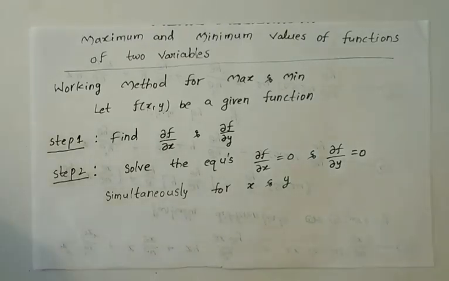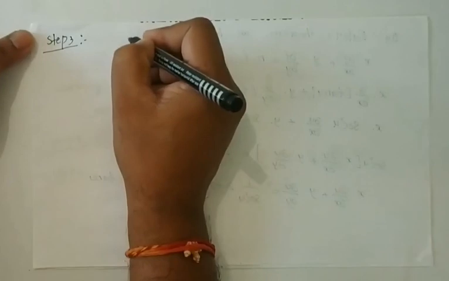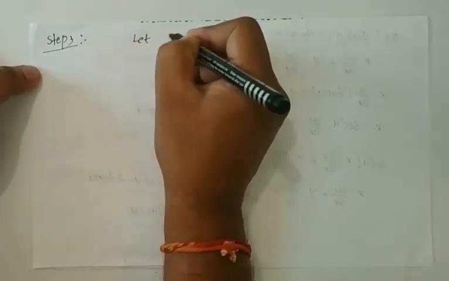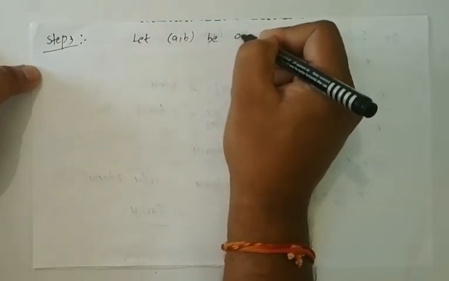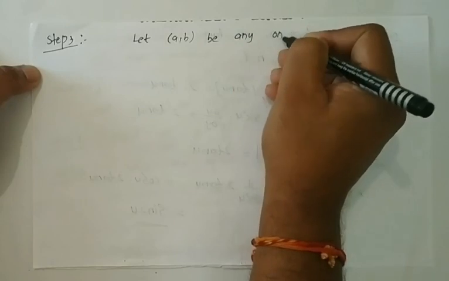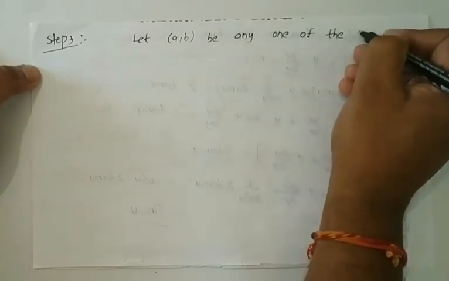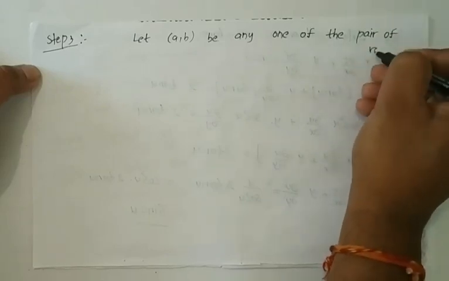Next, step 3. Let a comma b be any one of the pair of roots.